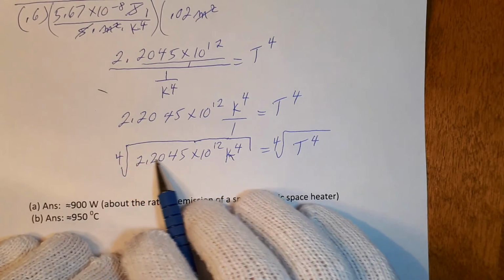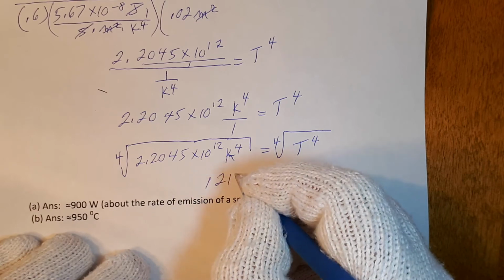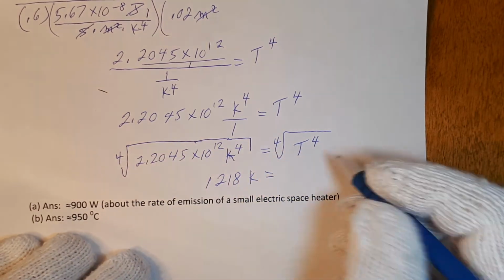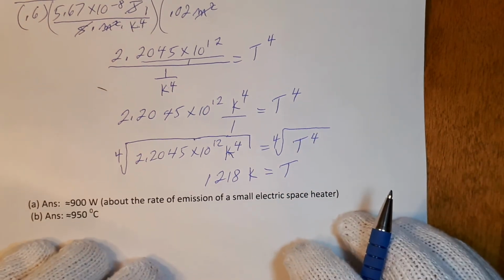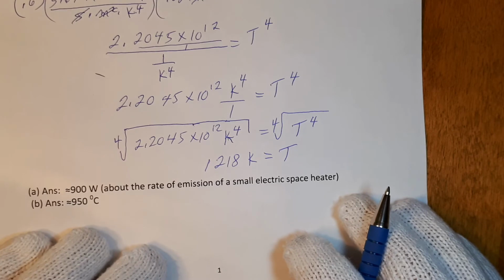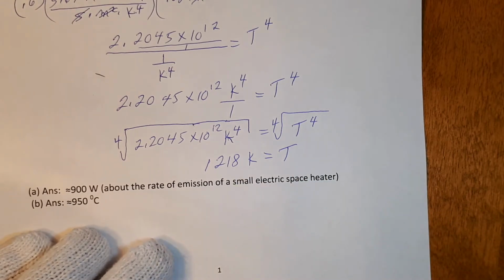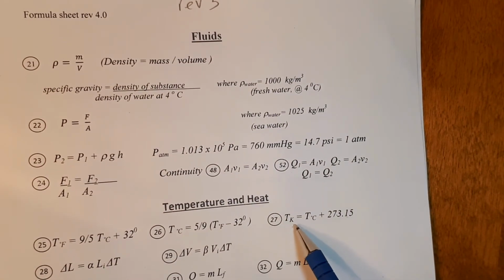The number, after taking the fourth root of this value, is 1218. And Kelvin to the power of 4, the fourth root is Kelvin. It's equal to the fourth root of temperature to the 4 is T. Reducing this to Celsius. The conversion equation for Celsius is on the formula sheet. Here it is here.